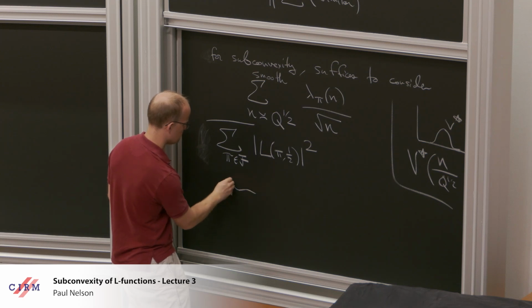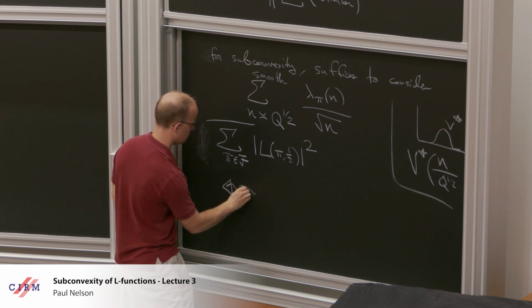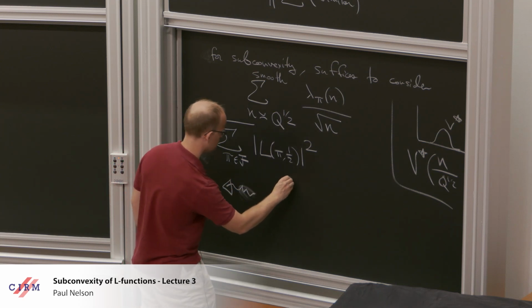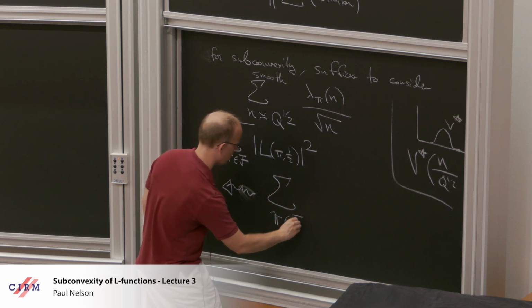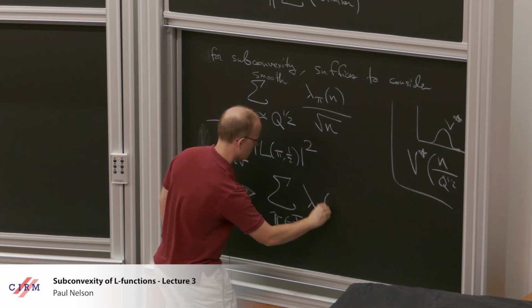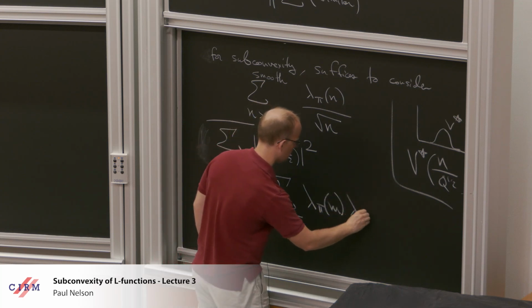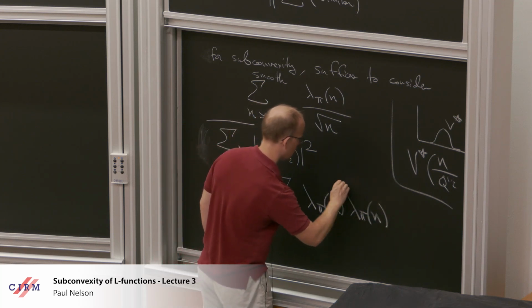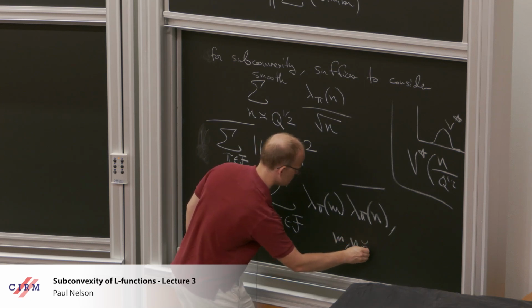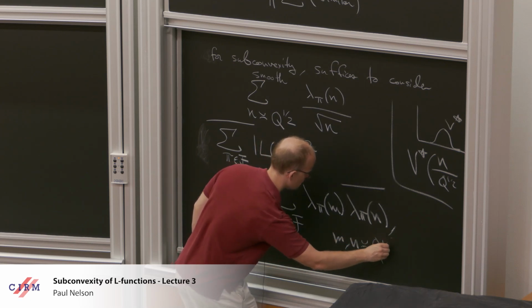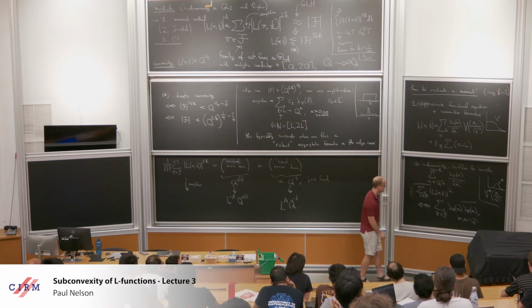So this reduces in some sense to, well, you first need to understand sums over pi in F of lambda pi of m, lambda pi of n bar, where m and n are in some range comparable to q to the 1/2.